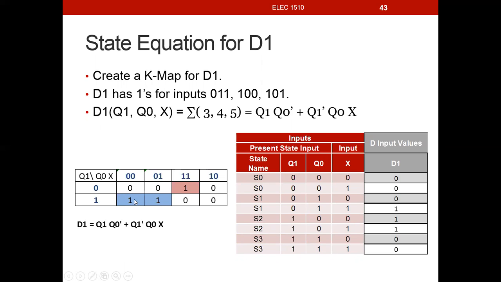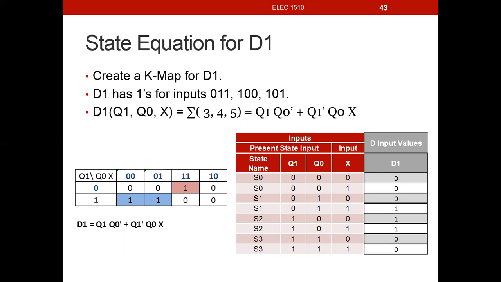This group of 2 forms the term where Q1 is a 1 and Q0 is a 0, so Q1 Q0 not. This term, Q1 is a 0, so we get Q1 not. Q0 and X are both 1s, so Q0 X. This is the same as up here. This is our equation that we want to use to drive the input to the D flip-flop.